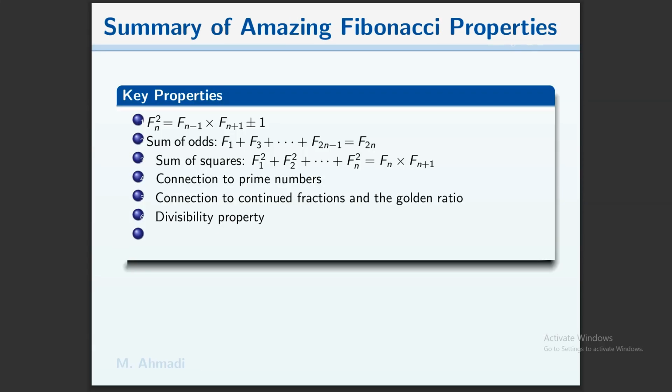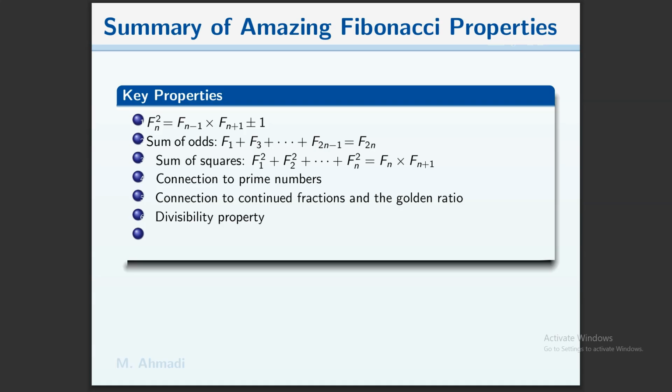Here you can see the summary of the amazing Fibonacci properties. Fn squared equals Fn minus 1 times Fn plus 1, plus or minus 1. The sum of odd-indexed Fibonacci numbers, F1 plus F3 plus, up to F2n minus 1, equals F2n.